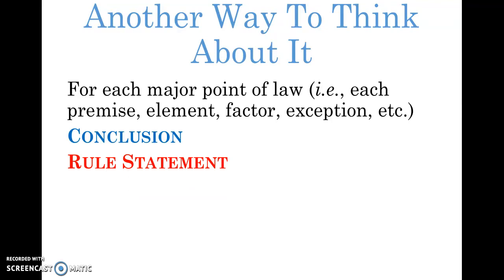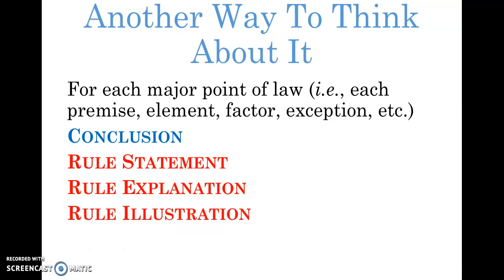So provide a general statement of what the rule is, and then go another step further and explain the rule. You've stated it, but then what does that mean and how does it work? And that rule explanation should still be in general terms, not referring to any specific case or court, just telling the reader in general terms, how does the rule work? What does it require? Going beyond just a mere statement of the rule.